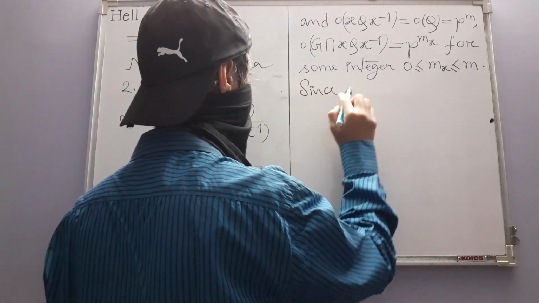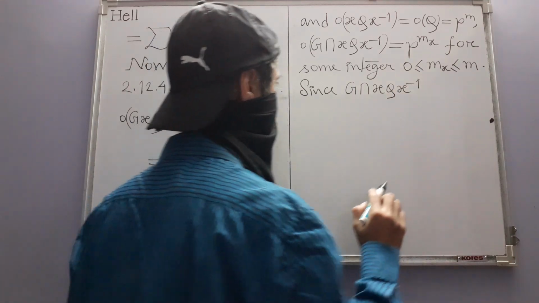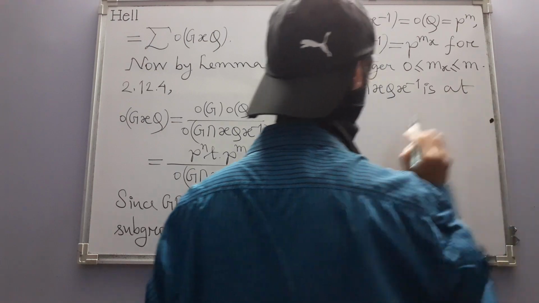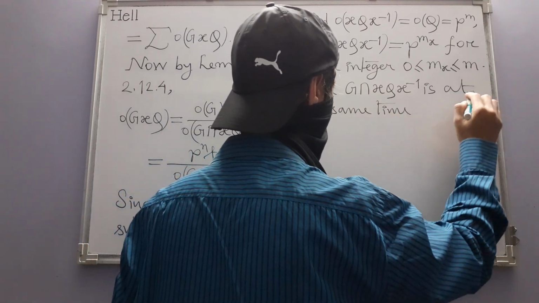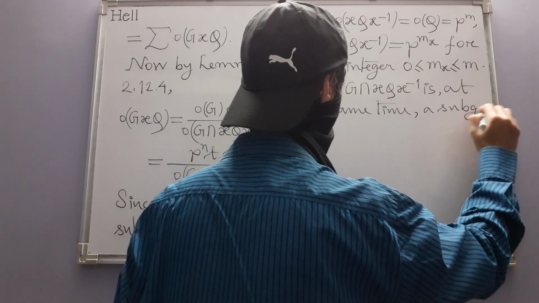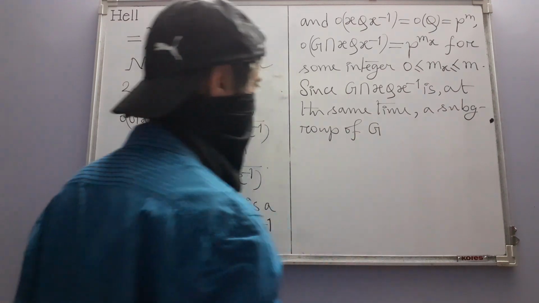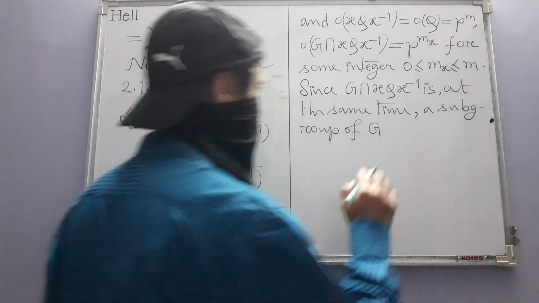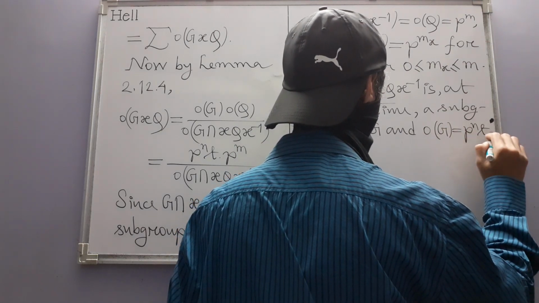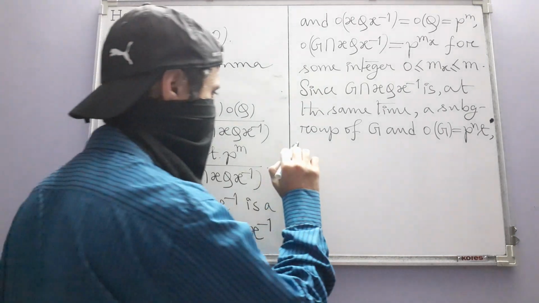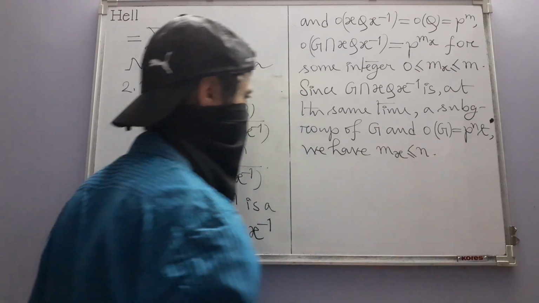And now we also mention that since this is at the same time a subgroup of G, whose order we already know, we have mx less than or equal to m.